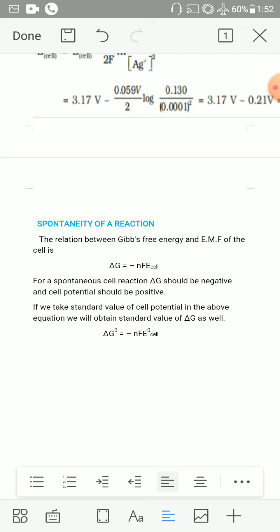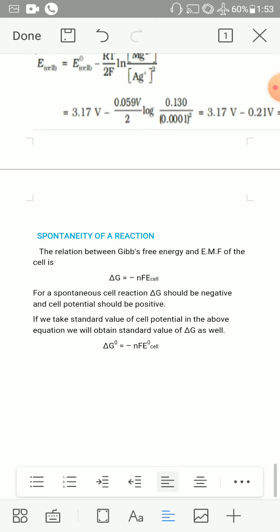And if we take the standard value of cell potential in the above equation, we will obtain the standard value of delta G as well, and the standard Gibbs free energy, which is represented by delta G0, is equal to minus nF E0 cell. So you have to remember this equation.